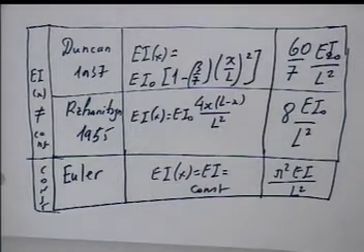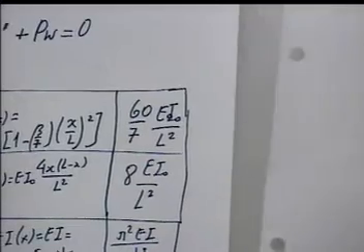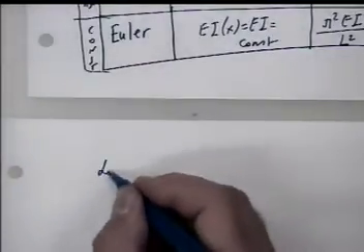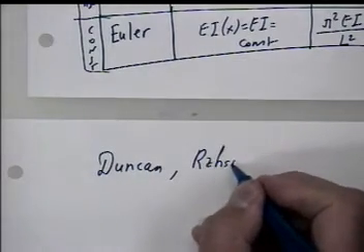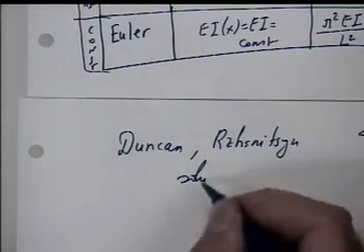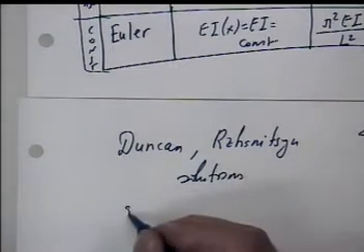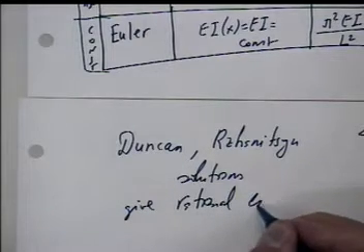Now we said that Duncan and Zhanitsin solutions give rational expressions.